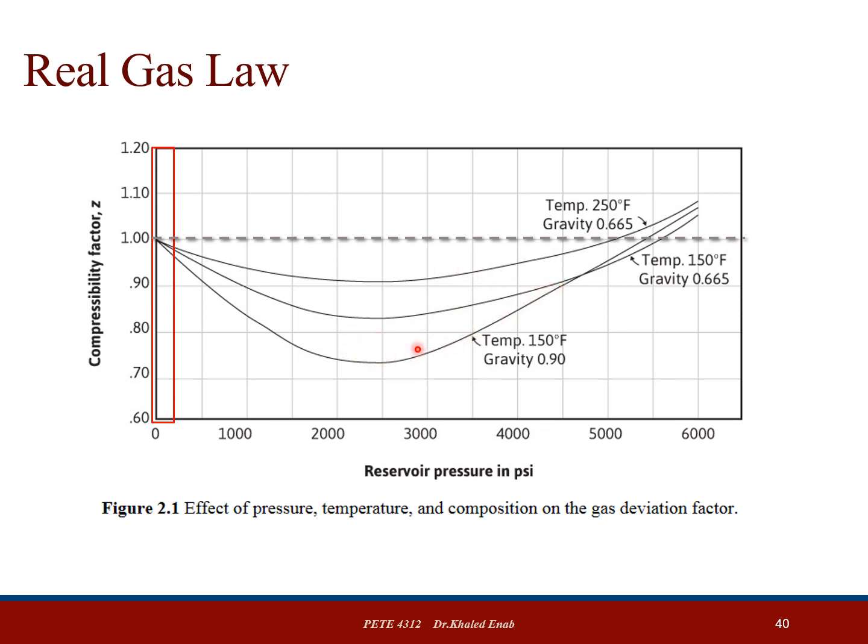This curve represents a gas with a specific gravity of 0.9, so it's heavier than the other gas, represented by this curve, whose gravity is 0.665 at 150 Fahrenheit. So we have those 2 gases at 150, and then we have this gas represented 2 times at different temperatures.